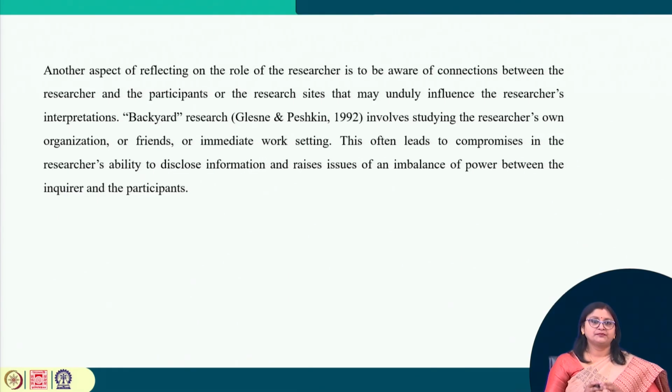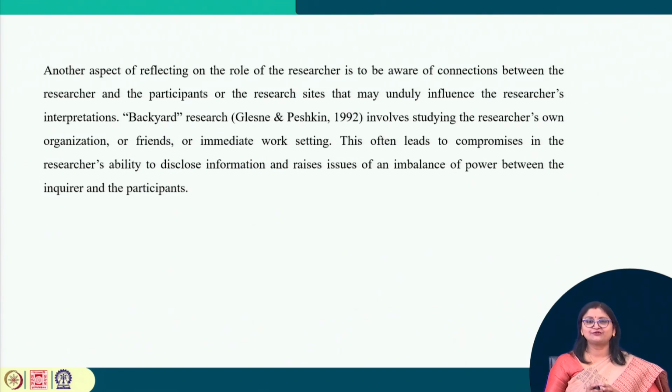So, backyard research involves this concept given by Glesne and his associate Peshkin, and they said that studying the researcher's own organization or friends or immediate work setting brings out this kind of bias.